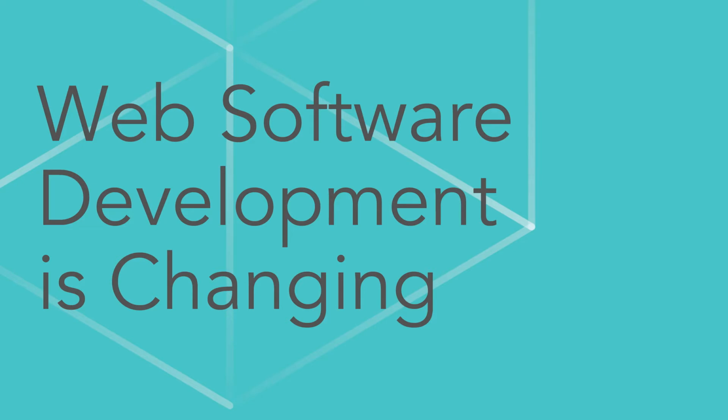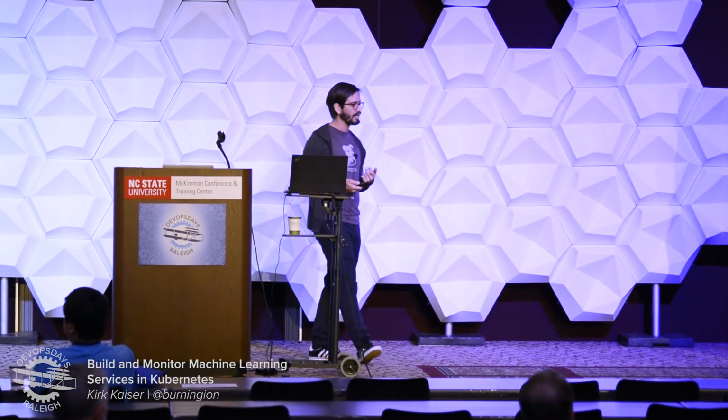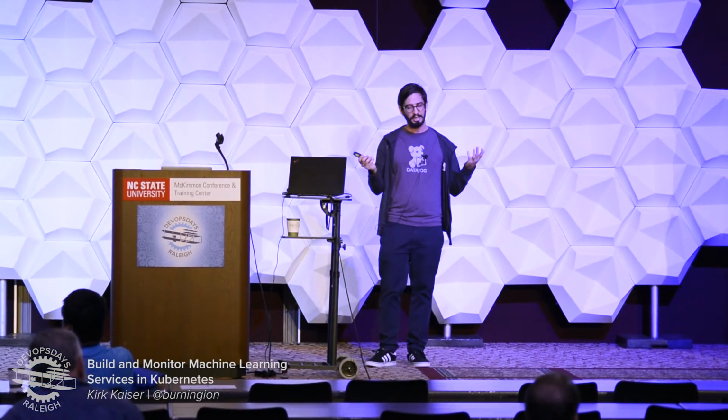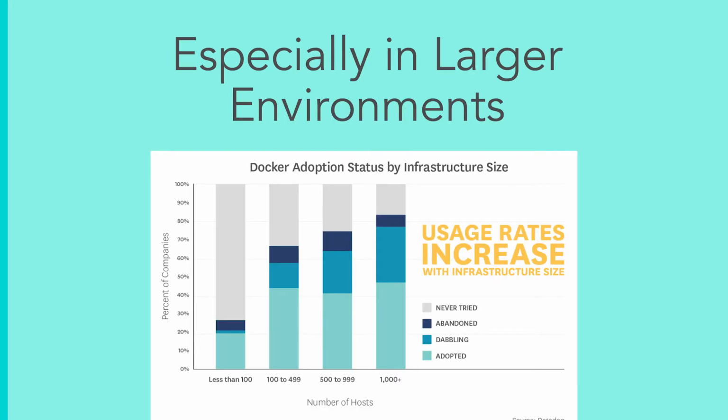Web development is changing in general. At Datadog, we do these internal checks for how things are going in the industry. We're seeing a lot more container adoption. Basically, it seems everybody, the community as a whole, is adopting Docker, containers in general, especially in larger environments. And we're seeing a lot of orchestration.